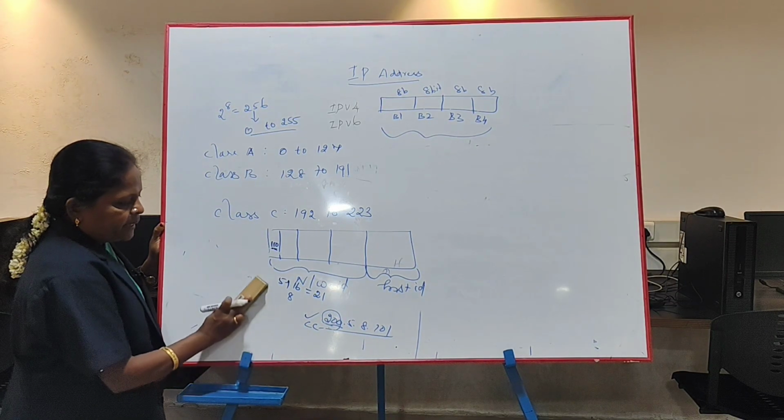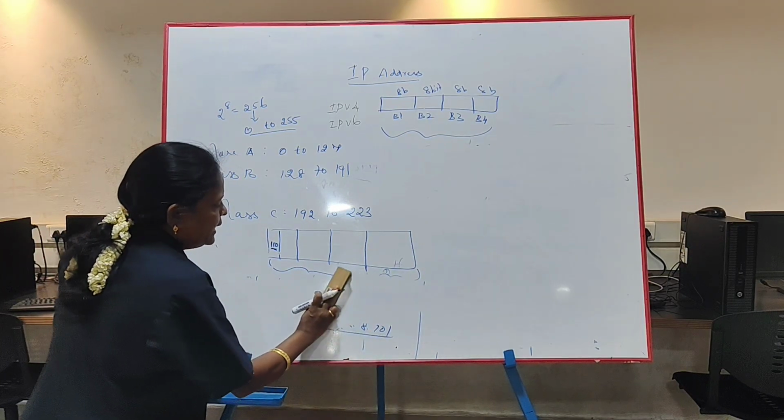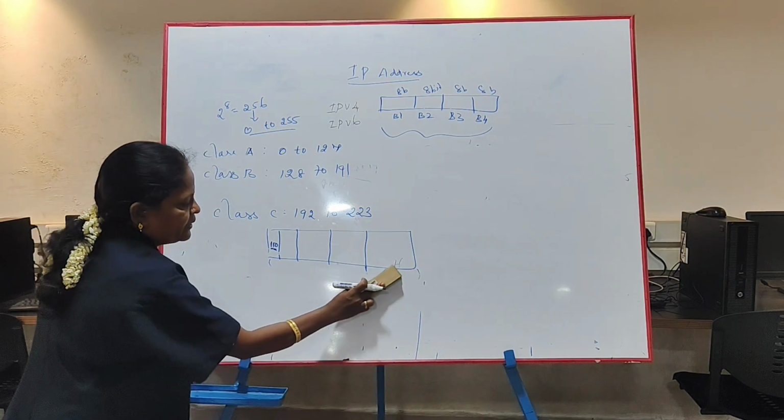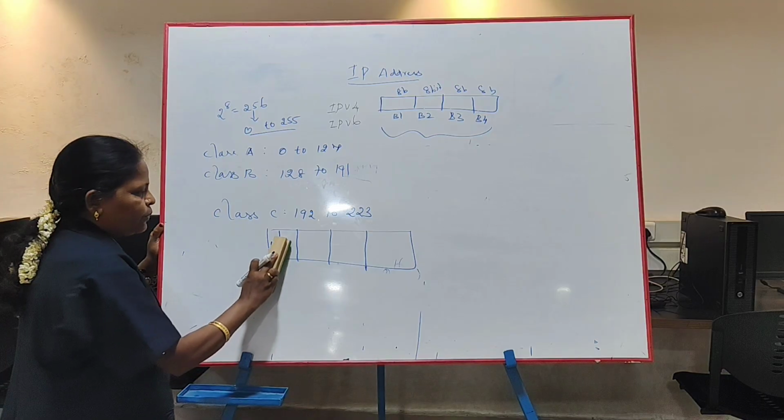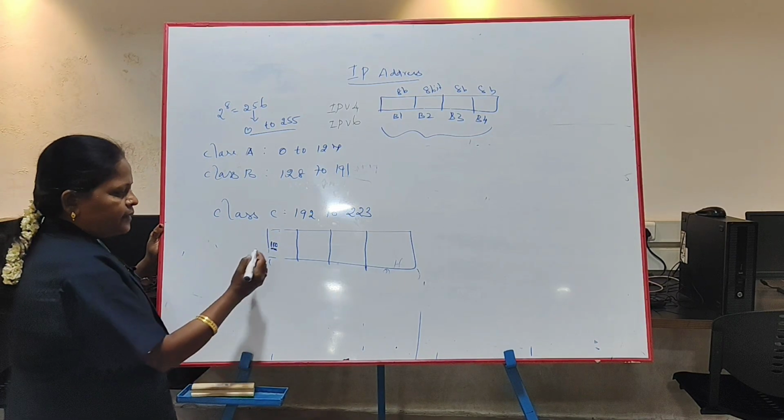Class D is mainly used for multicasting purposes. Here there is no split-up for the given 4 byte data.